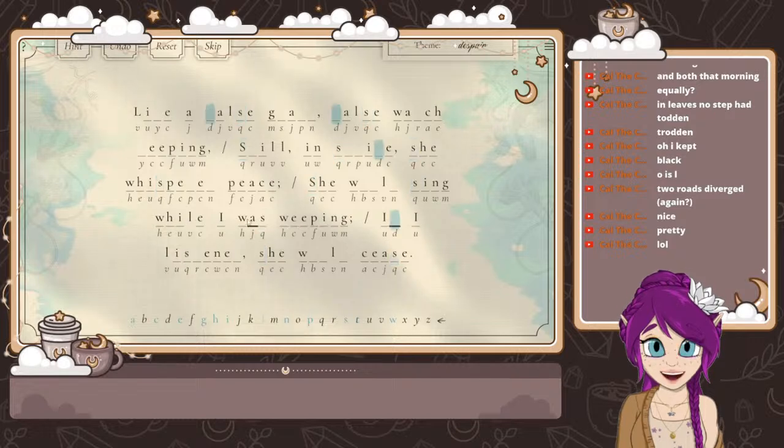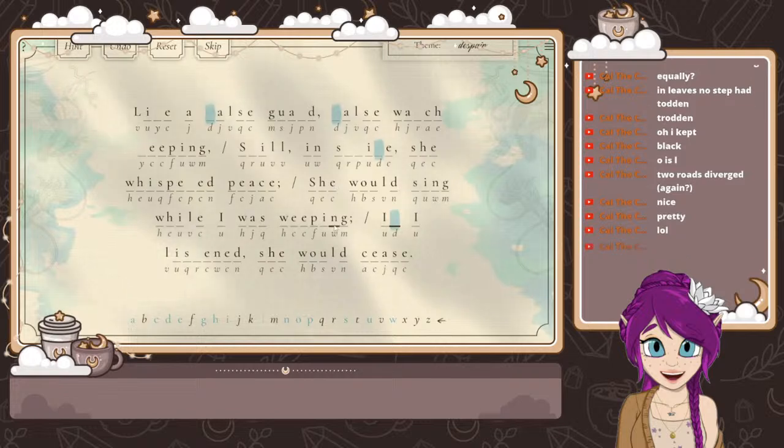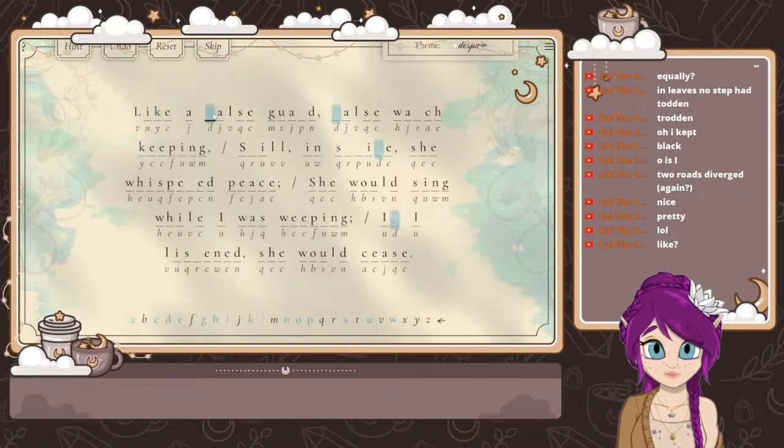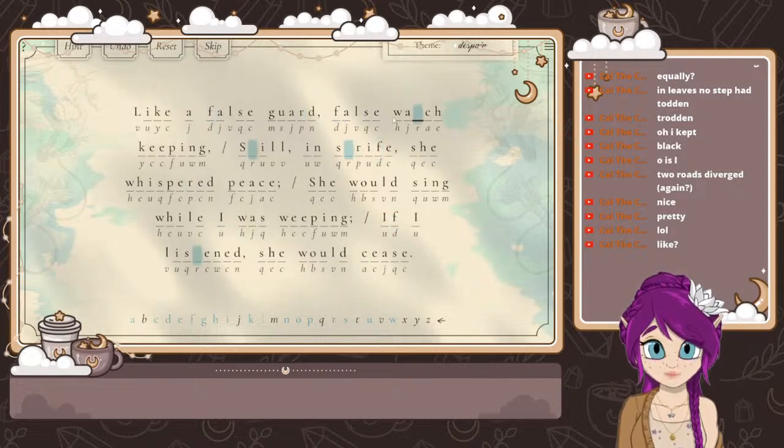While I was weeping, she sing while I was weeping. She would sing while I was weeping. Like, yes, like a guard, like a guard. False? Like a false guard.